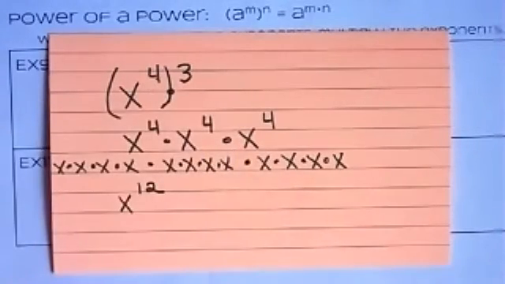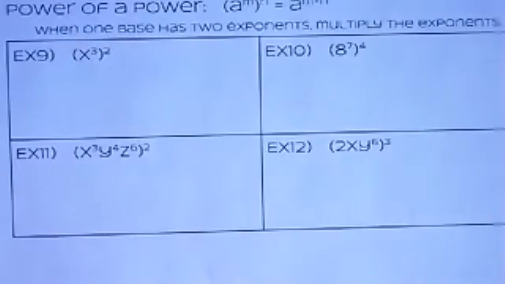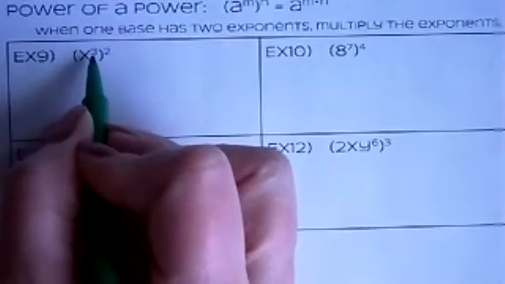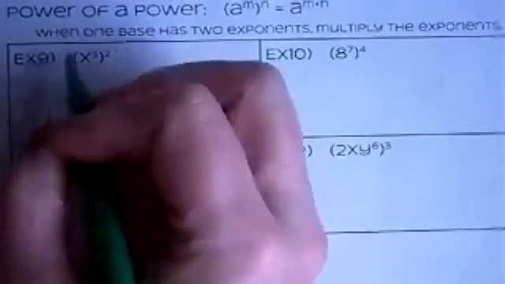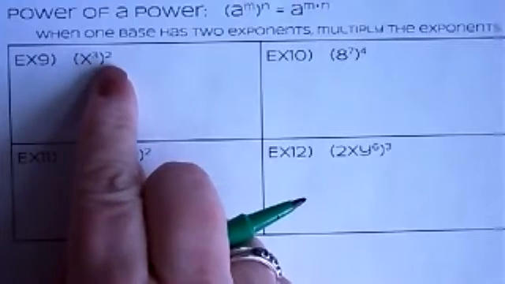Now, let's apply what we just talked about in 4 examples. We'll look right here: x to the 3rd raised to the 2nd power, or we could say x cubed squared.